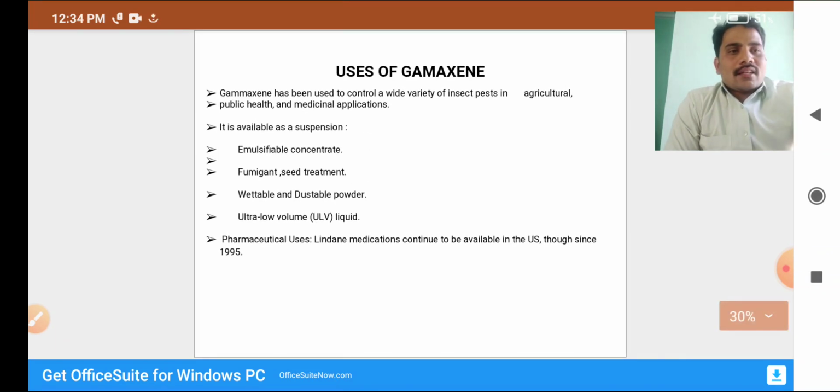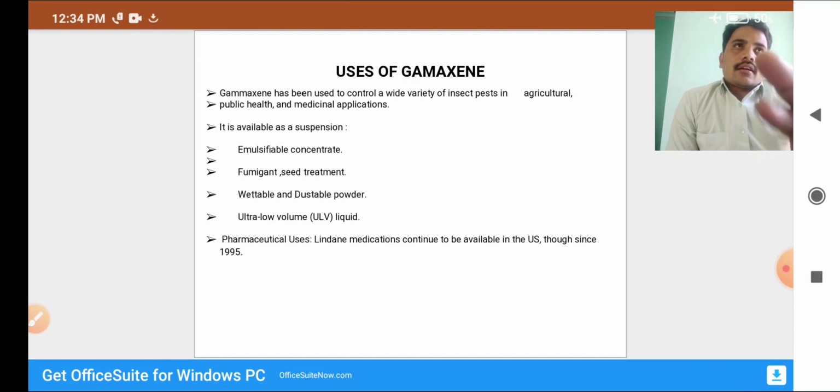Gamaxin is available as a suspension, meaning a liquid, and as an emulsifiable concentrate, a mixture of oil that does not corrode or alter the gamaxin compound.